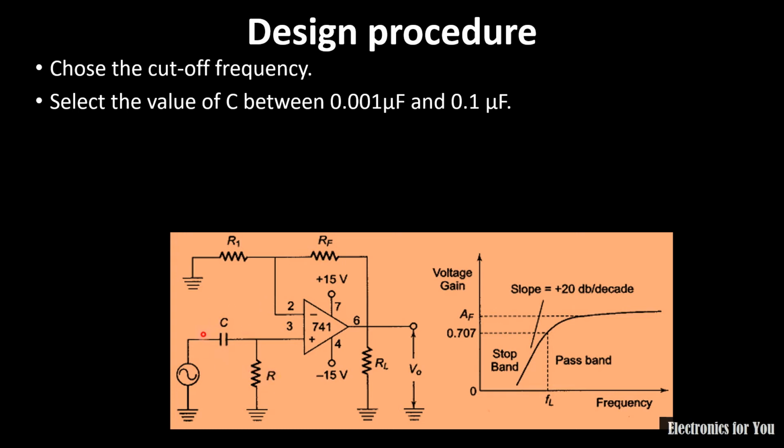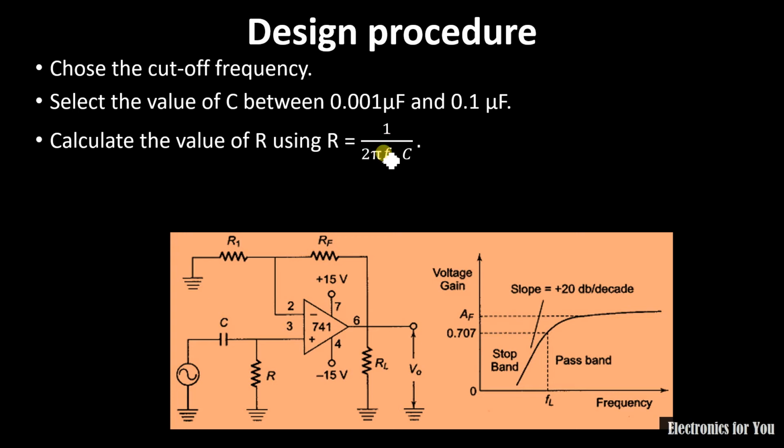If we assume the value of capacitor, we can calculate the value of R by using the formula R equals 1 upon 2 pi fc into C. Basically, this formula comes from the formula of cutoff frequency, which equals 1 upon 2 pi RC. We know the value of fc because we have already chosen it, and therefore we can calculate the value of R.